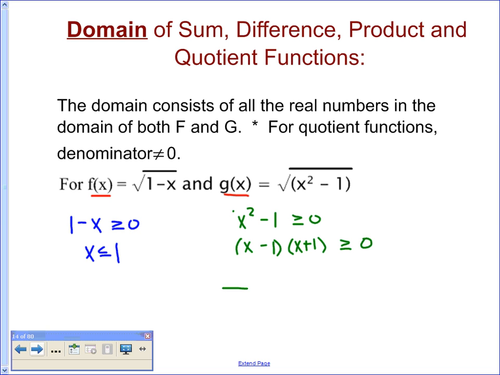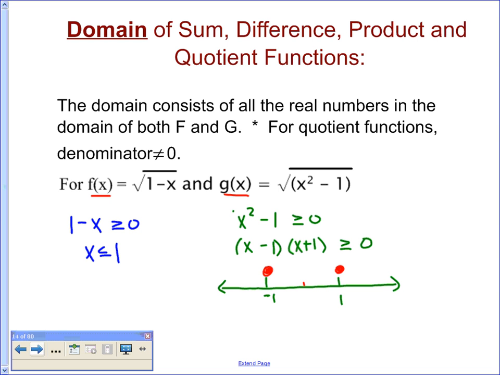So on a number line, the points that I'm going to use, my critical points, are going to be -1 and 1. And I know I have closed circles on these because it can be equal to those, and I need to figure out what's happening in each area.